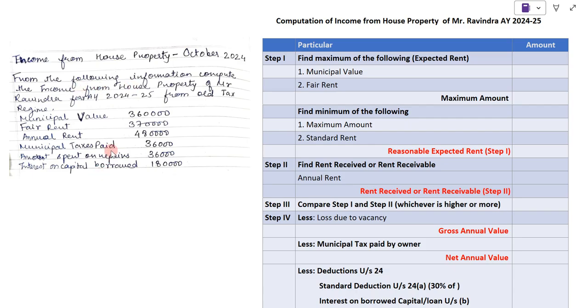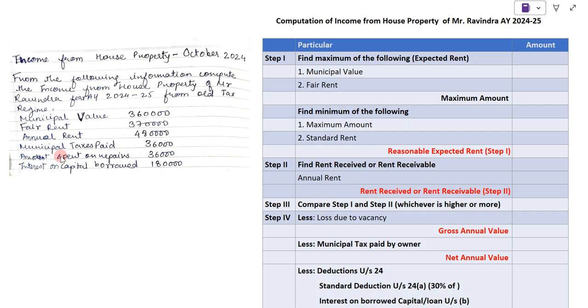The following information is given: municipal value 3,60,000, fair rent 3,70,000, annual rent 4,80,000, municipal tax paid 36,000, amount spent on repairs 36,000, and interest on capital borrowed 1,80,000.